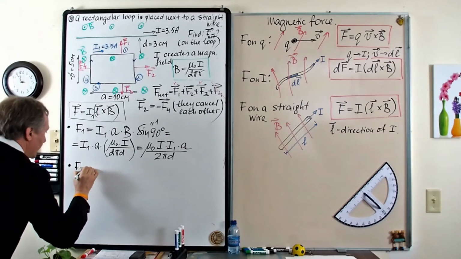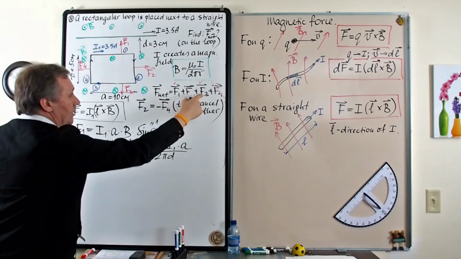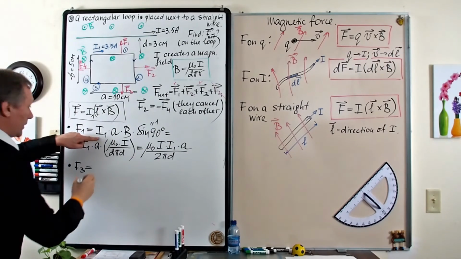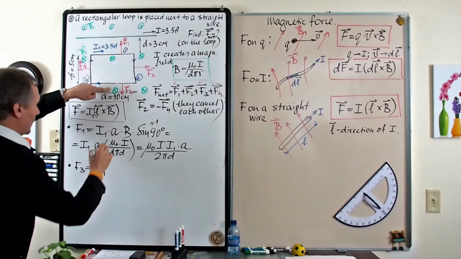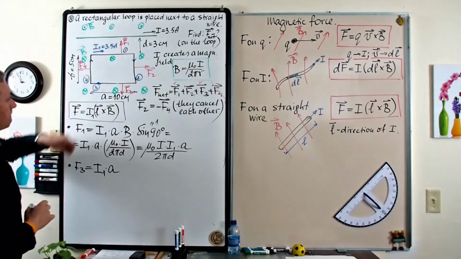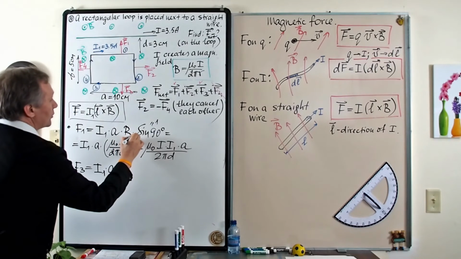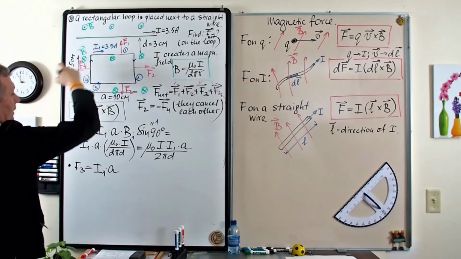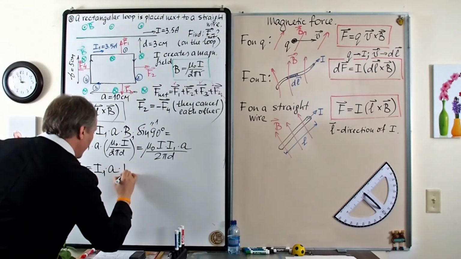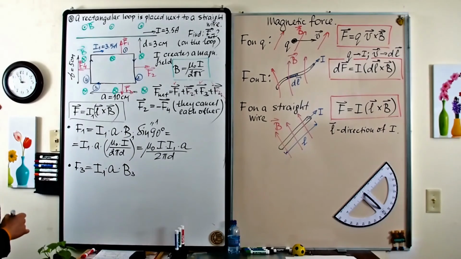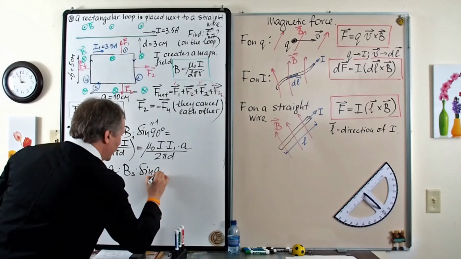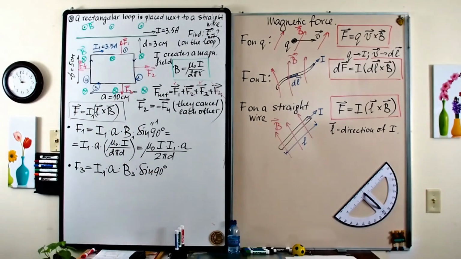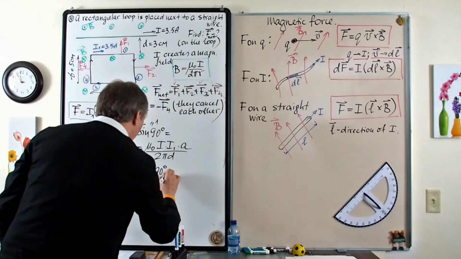So let's do the same for force F3. We found the magnitude of F1, now F3. The same: I1, then A. Let me put a subscript here, B1 for the first section, then B3 for the third section, and sine of 90 degrees, which again is 1.